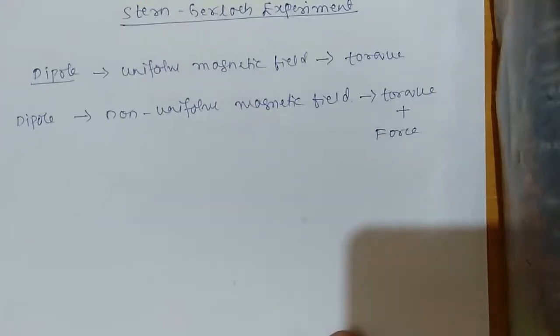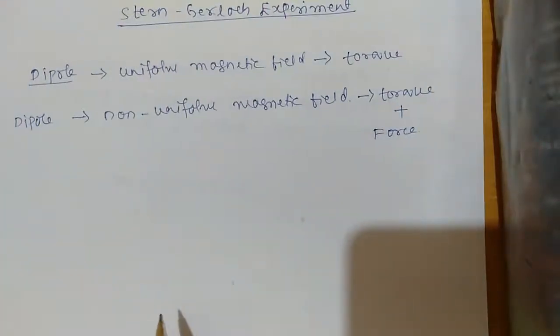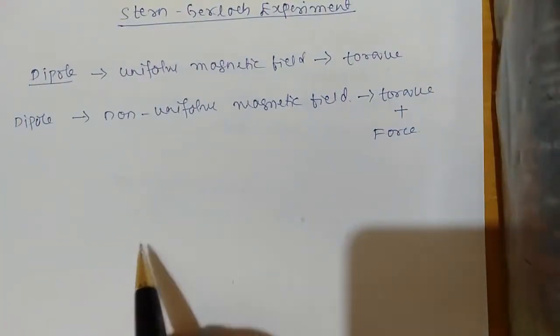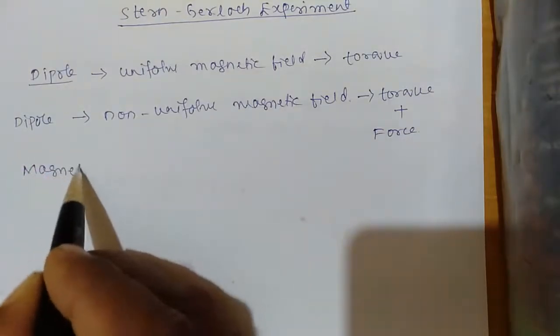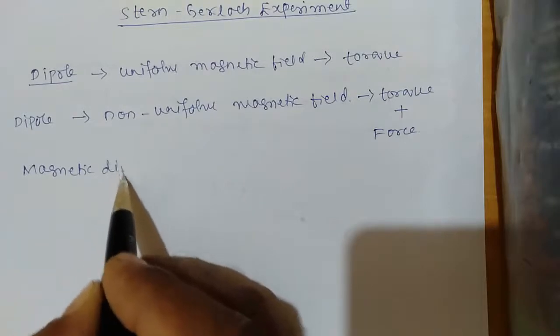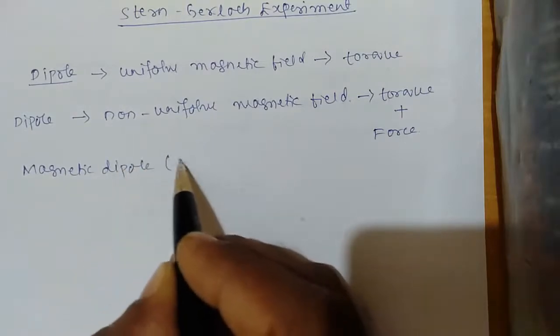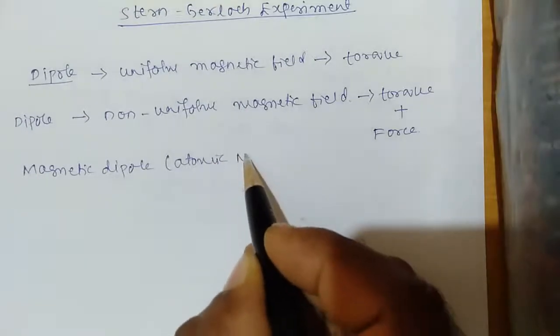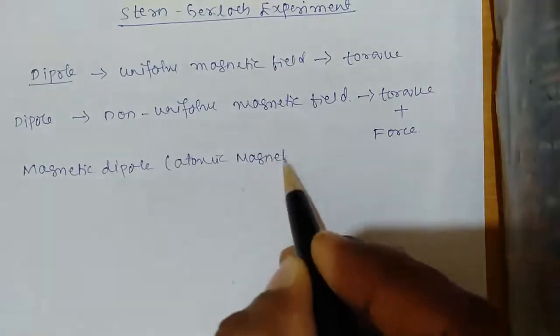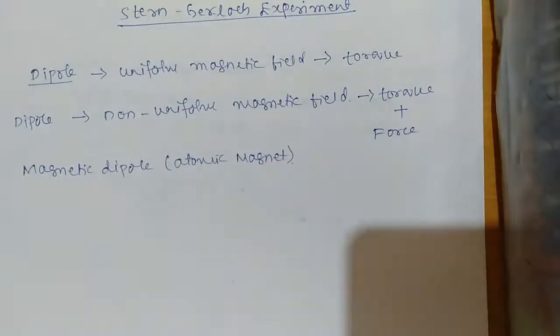What we are doing in this experiment is taking a magnetic dipole, which is also known as an atomic dipole. An atomic magnet will act as a magnetic dipole. Why?